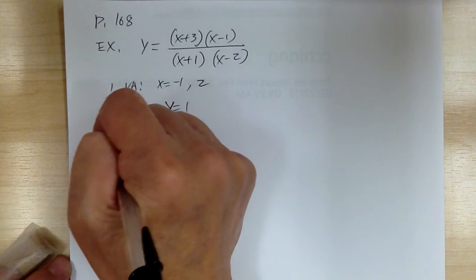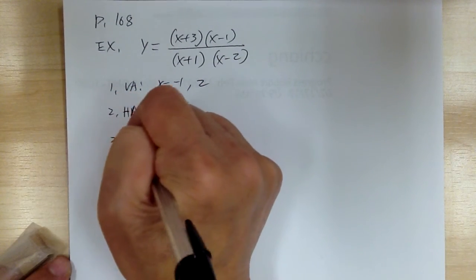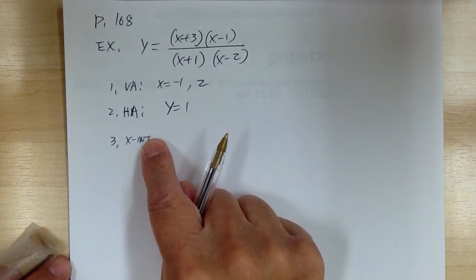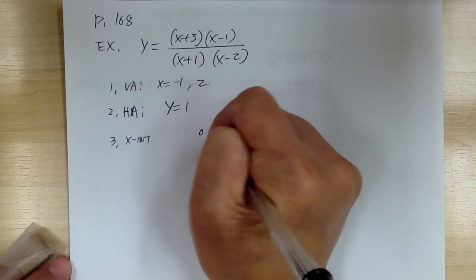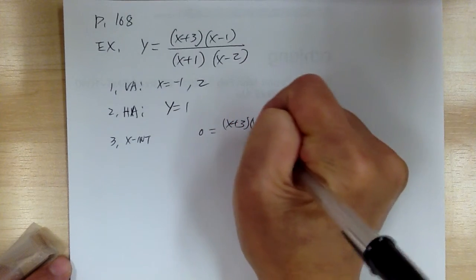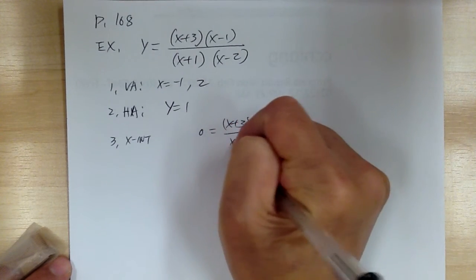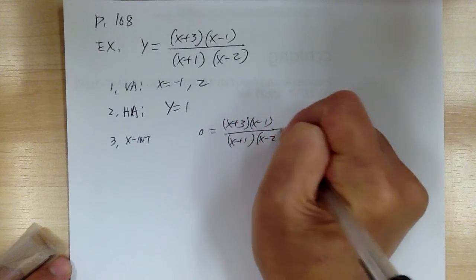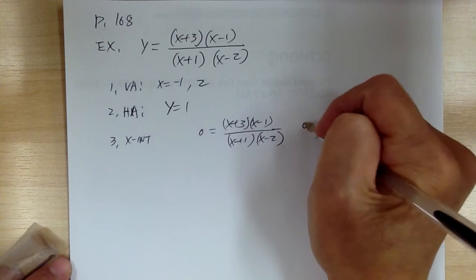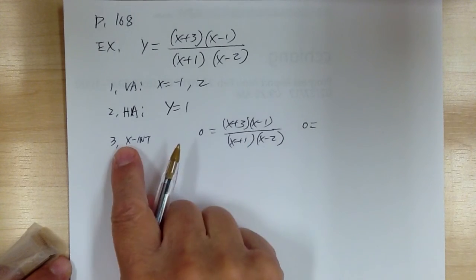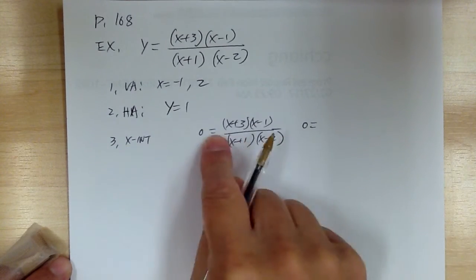Next, you're going to get the x-intercept. The x-intercept is when you set y equal to 0. So you get 0 equal to (x plus 3)(x minus 1) over (x plus 1)(x minus 2). But notice when you cross multiply, you don't have to worry about the bottom, because you're still going to get 0.